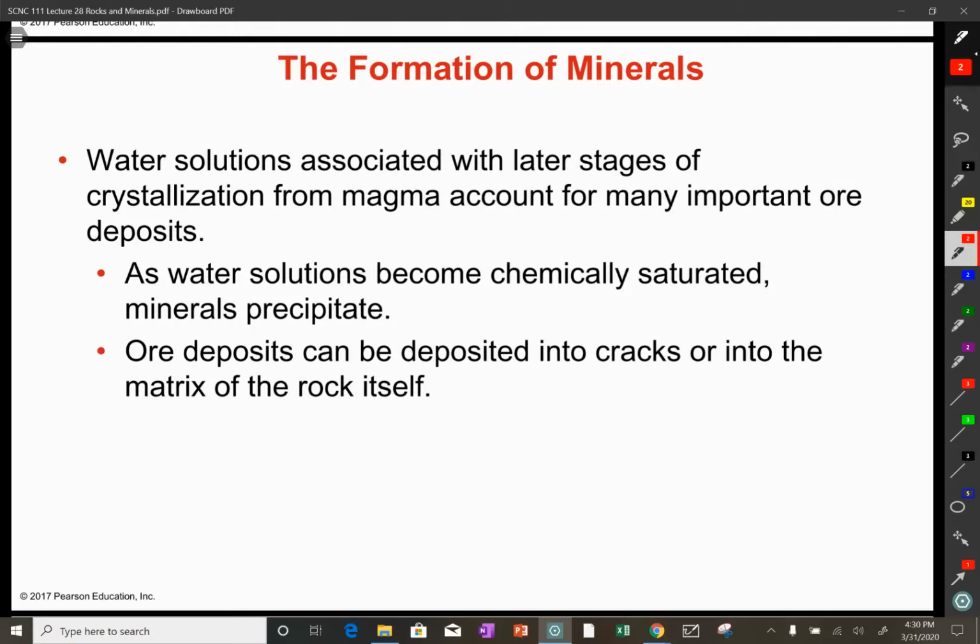And one of the things that's really cool is you often see a rock that has a dike in it that's filled with a different type of rock. And that dike was probably filled by water flowing through a crack and slowly depositing rock in the crack until it filled it in.